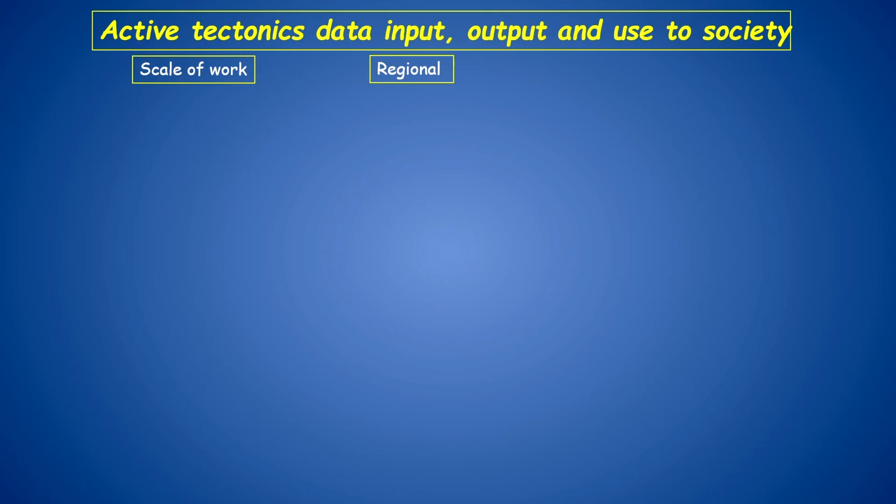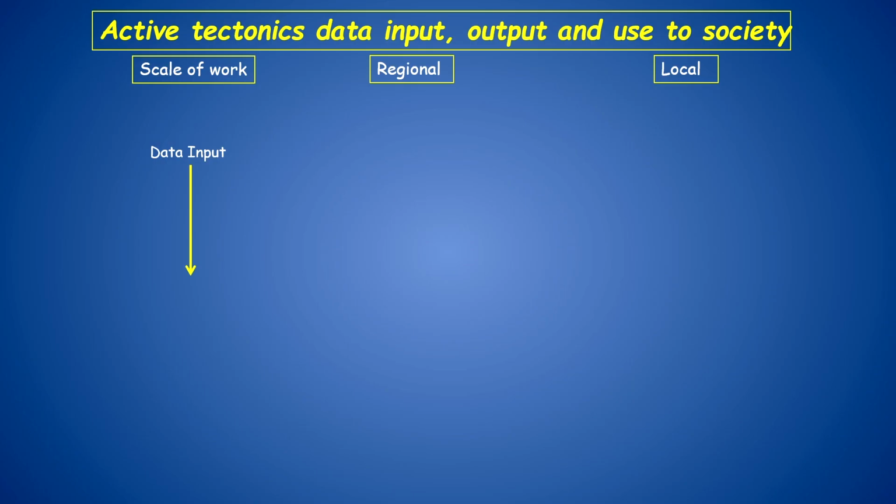Now, further, if we move on and talk about what type of information we collect and what the output of that is, why we need this information is straightforward. We are talking about the scale of work, and we have discussed that we will come from the global to regional to local and then site specific.